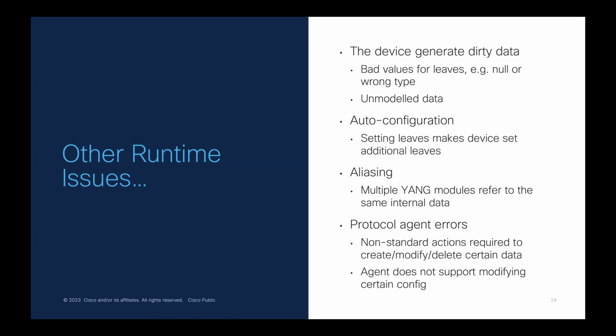Aliasing is unintended and happens when the device exposes the same configuration data in multiple model universes. And this will happen if you mix OpenConfig models with native models in the same NED, and is one very good reason for not doing so. Both auto-configuration and aliasing result in out-of-sync problems with NSO. Finally, there are devices where certain config cannot be set at all. These are the worst category of errors.